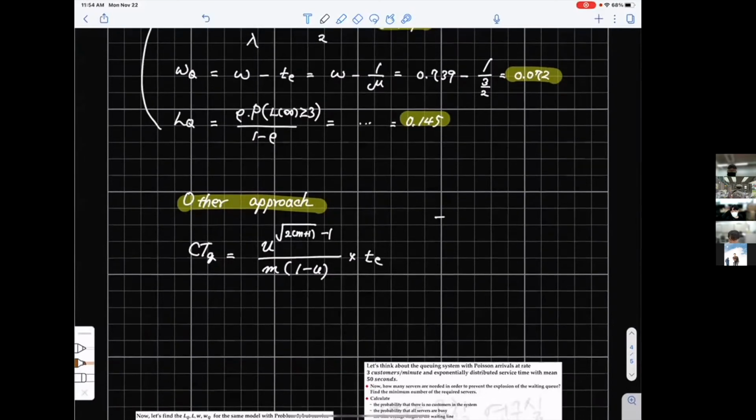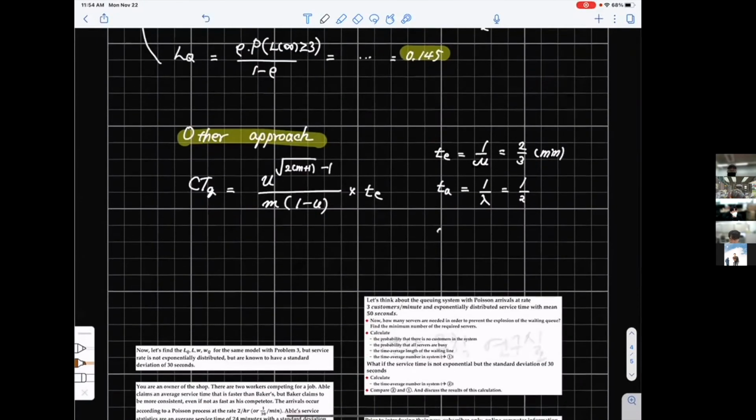So TE is 1 over mu. So this becomes 2 over 3 minutes in this formula. And TA is 1 over lambda, so it becomes 1 over 2.